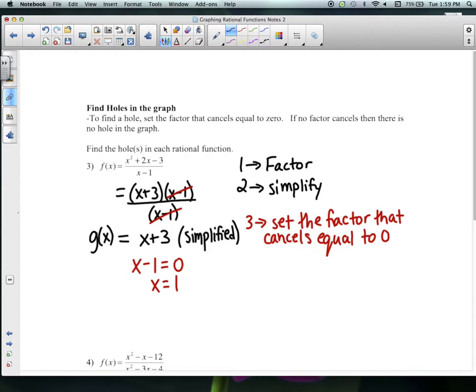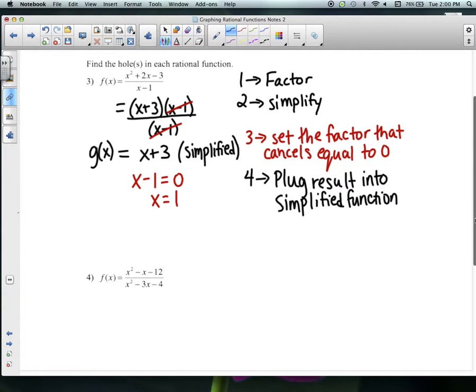So that's your x value of your hole, but the hole is a point in the graph. So we're going to plug that answer into our simplified function. So we have our x value, we have our y value of the point.